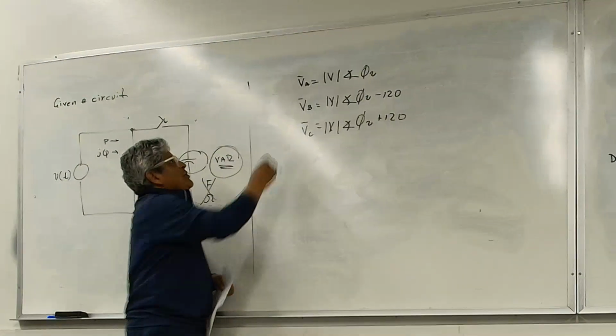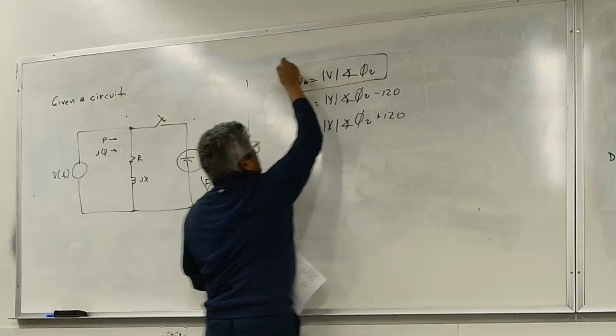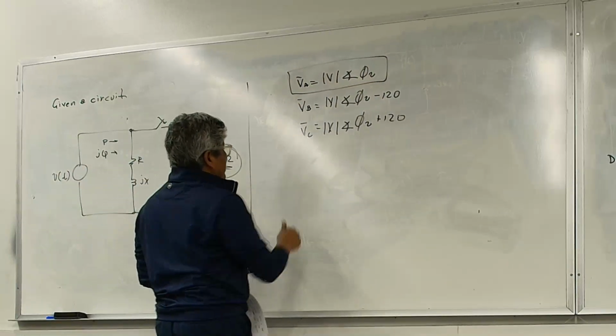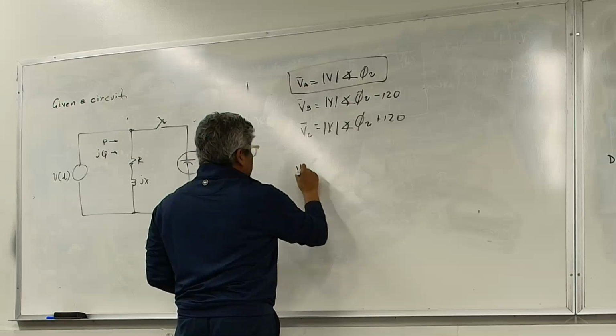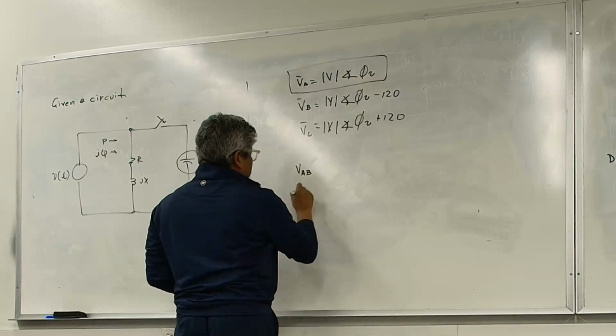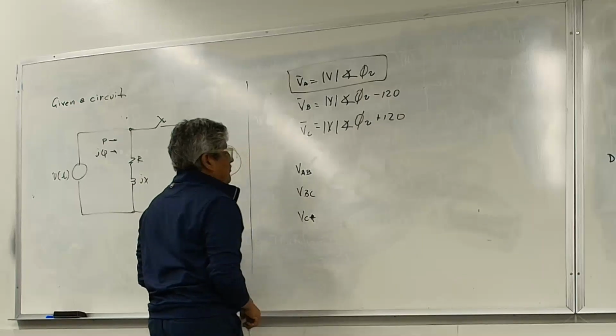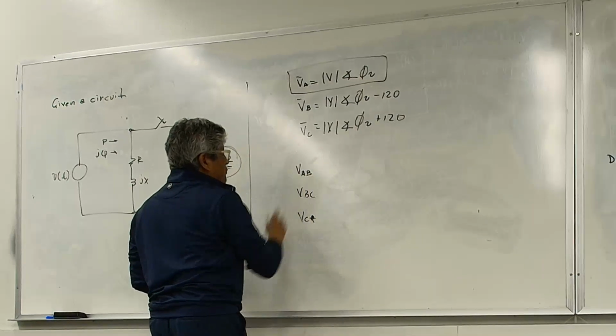So if I give you this, you should be able to find the other two. You should also be able to find VAB, VBC, VCA, and like I said, we'll do a couple of problems.